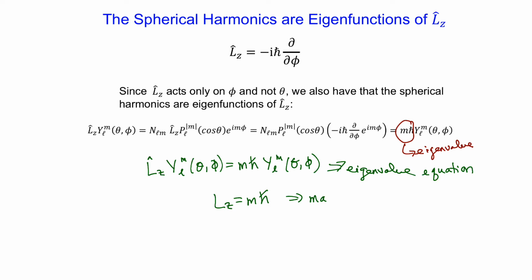This would be the magnitude of the observable z component of our angular momentum. Just notice the differences in those two equations. This is our operator. The operator has a little hat, acting on our function, spitting out our eigenvalue and our original function back out. That's the definition of an eigenvalue equation. Or we can just say the magnitude, the observable that we get out for the z component of our angular momentum, is our eigenvalue m h bar.